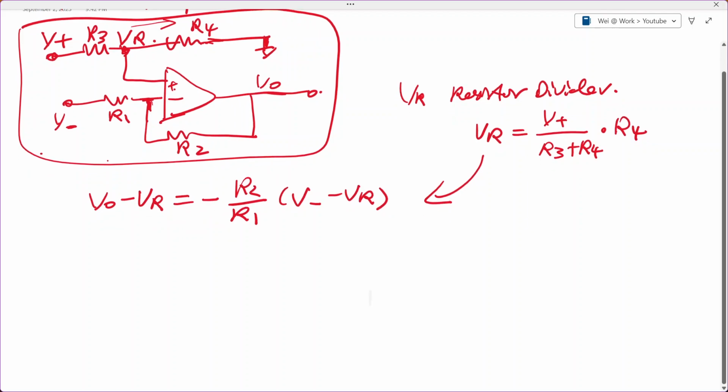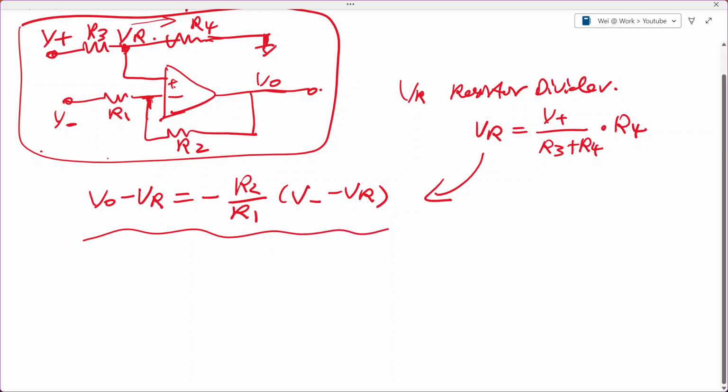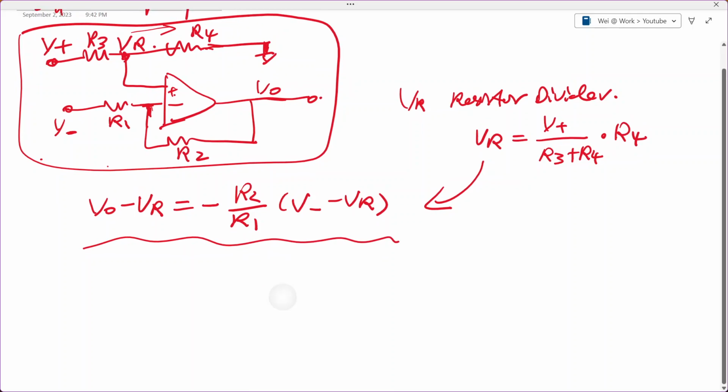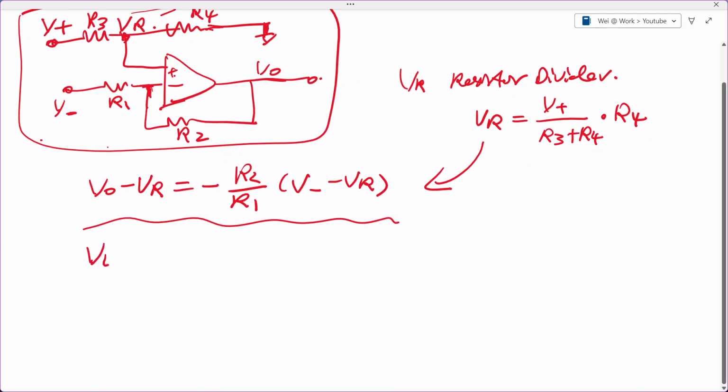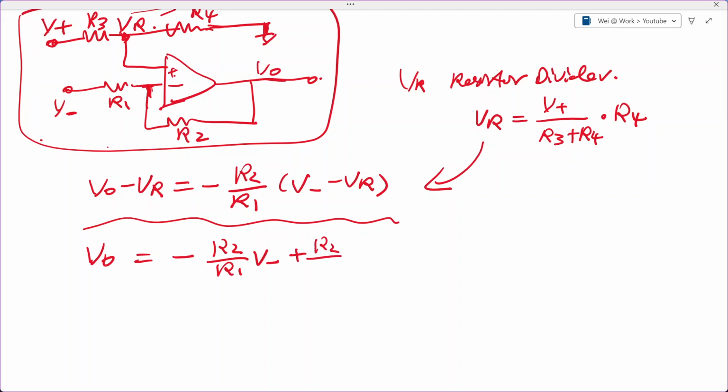Before that, let's rearrange this into a better, easier to understand format. So we have V out equals minus R2 over R1 times V minus, plus R2 over R1 times VR, plus VR.